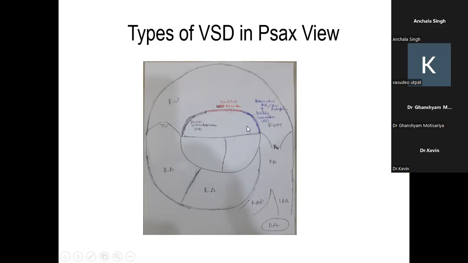This doubly committed VSD is always associated with aortic regurgitation. So if you see aortic regurgitation in your pediatric population, think that there is an associated VSD. And this is outlet muscular, this is perimembranous. So in turn: inlet, outlet, muscular, doubly committed, and perimembranous.